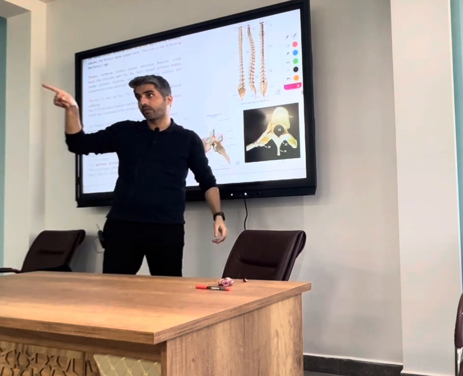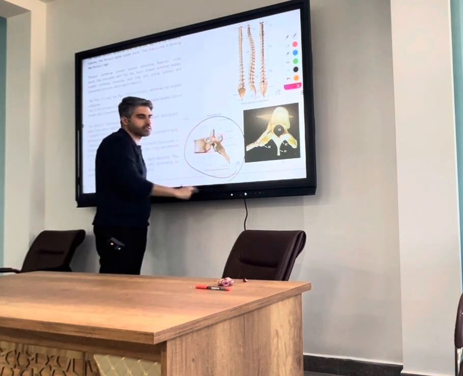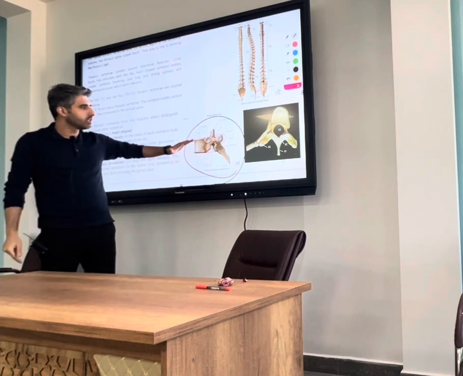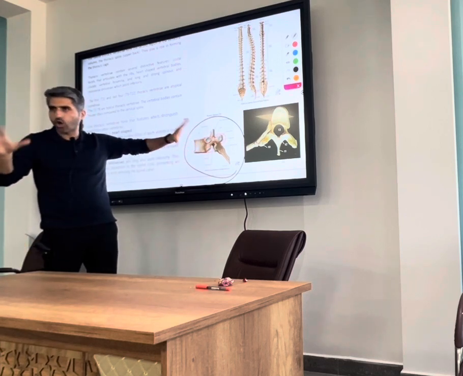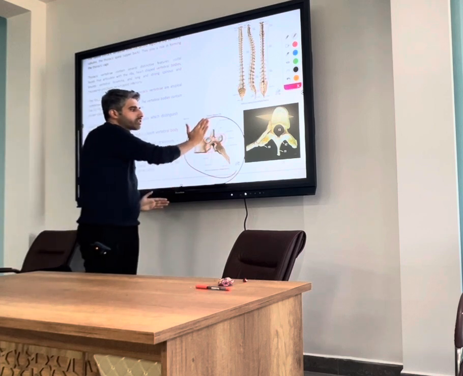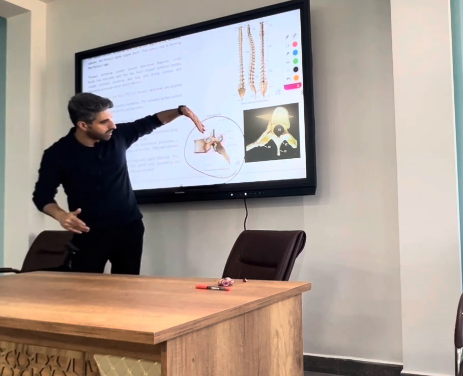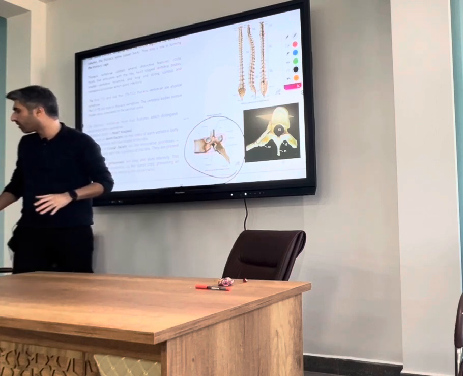Typical thoracic vertebrae look like this. They have body, pedicle, lamina, arch, foramen, superior articular process, everything. The spinous process is very long and inferior, everything is normal.